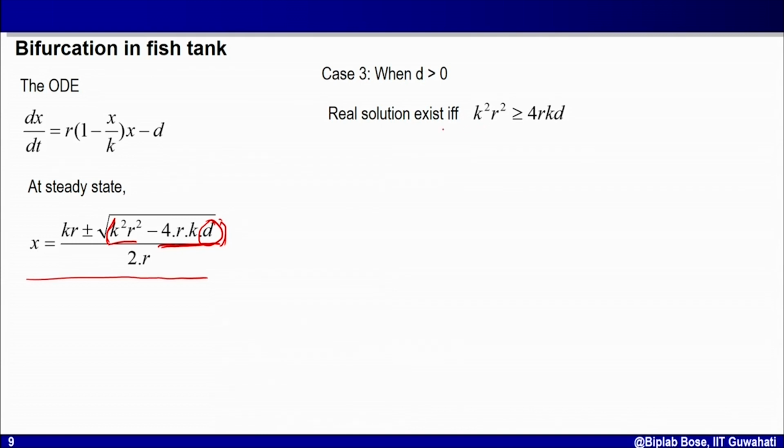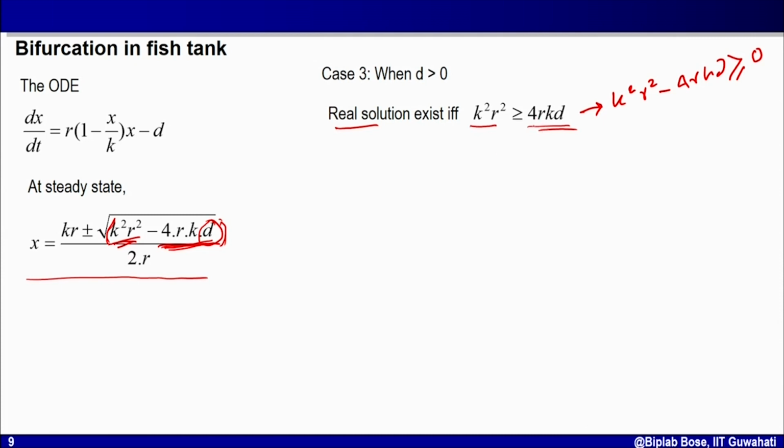So that means to get a real solution, I have to keep k square r square greater than 4rkd, so that k square r square minus 4rkd is a positive thing. So this will give me that k square r square minus 4rkd is greater than 0 or greater equal to 0. I cannot have a negative value there, otherwise I will not get a real solution.